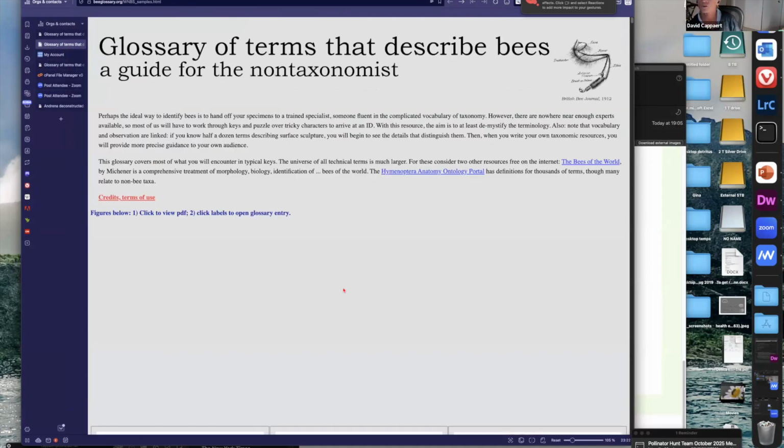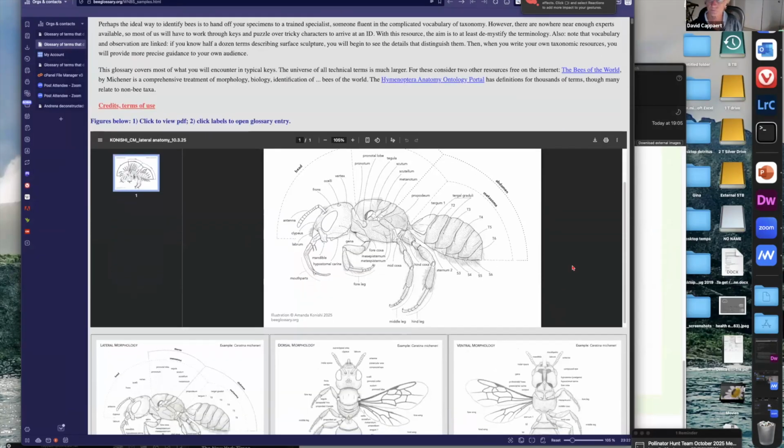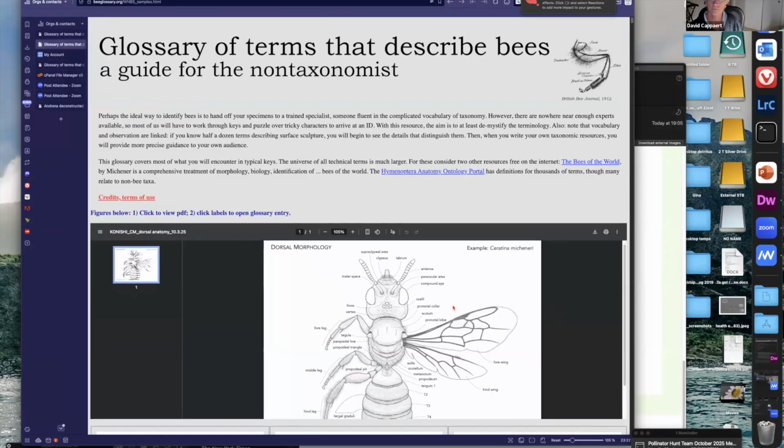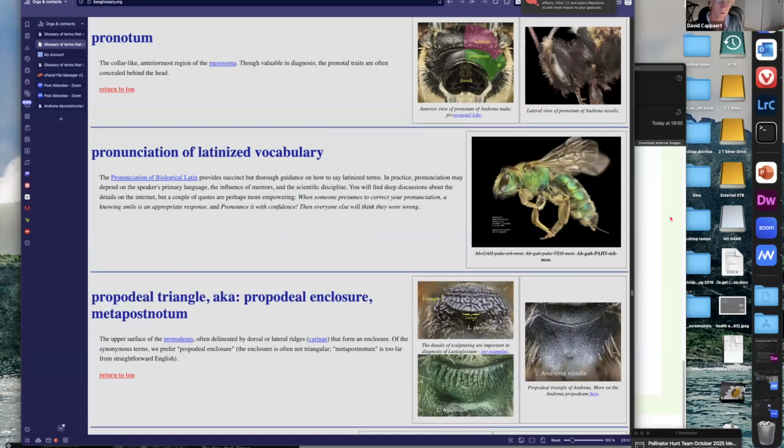So they blow up, and one at a time you can look at the lateral view or the dorsal view, and then you can click and jump to the part in the glossary where that term is discussed. So that's how that works.